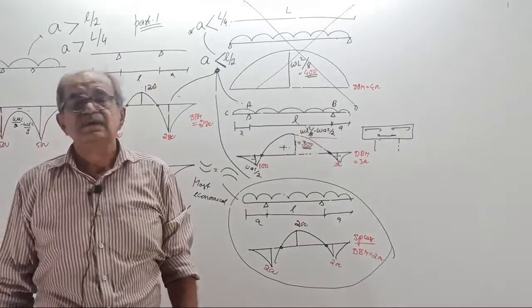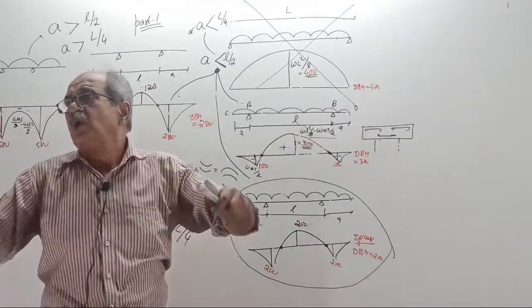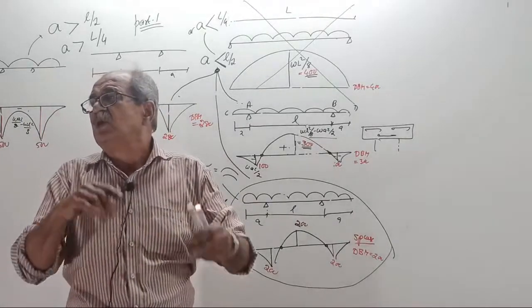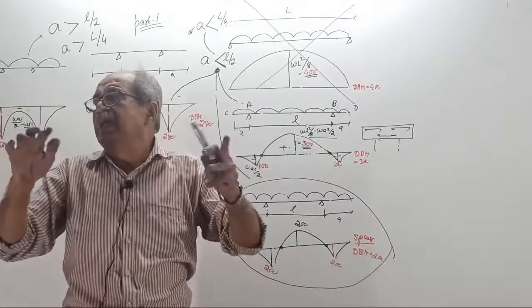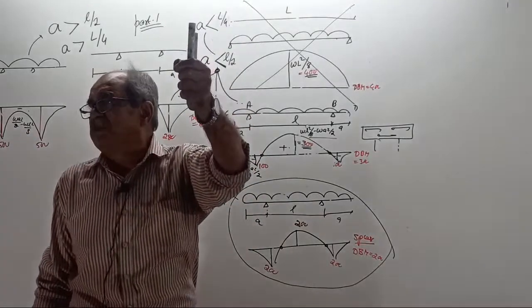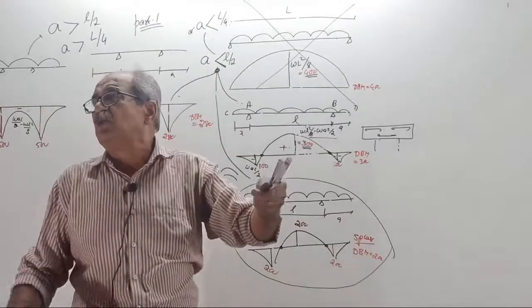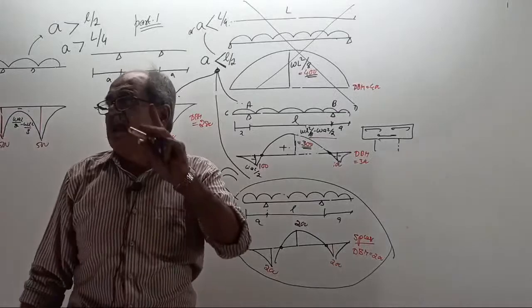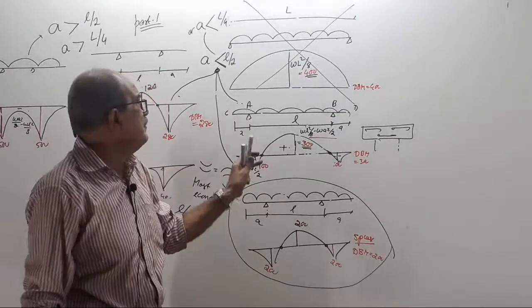For what ratio are hogging and sagging both there? For what ratio is the bending moment zero at the center of the span, the special case? And for what ratio is there no sagging, the full beam will hog, even the center will hog. You can remember it this way.